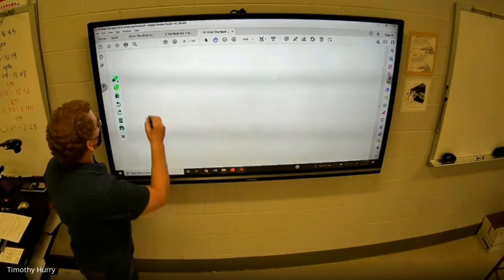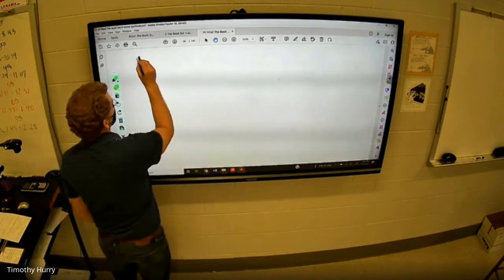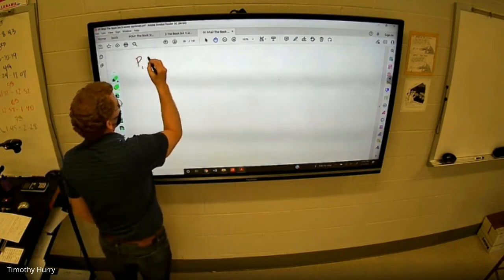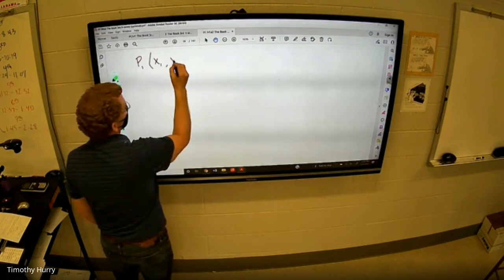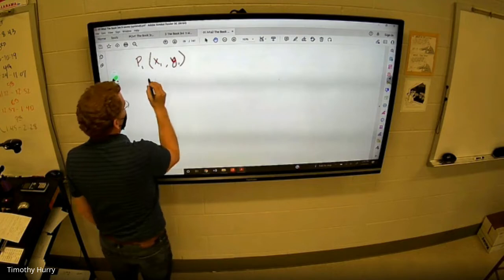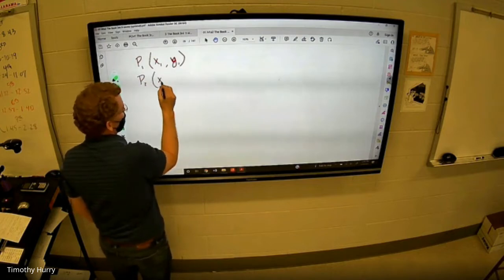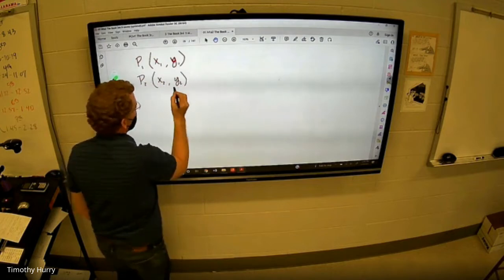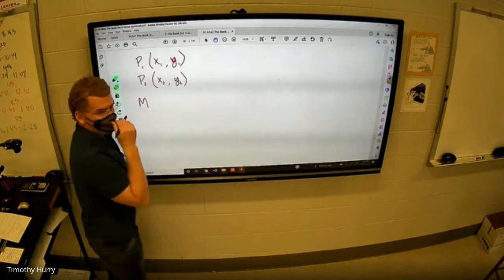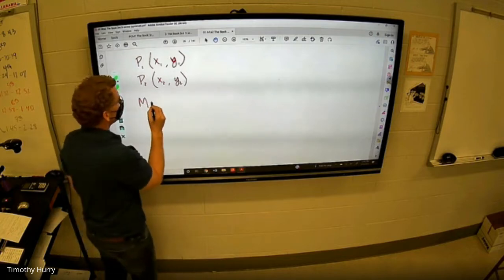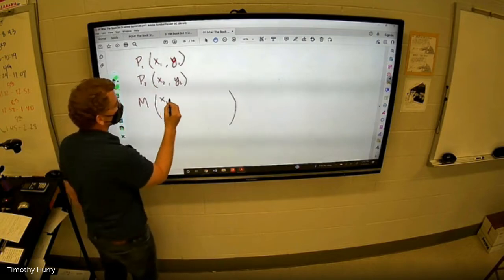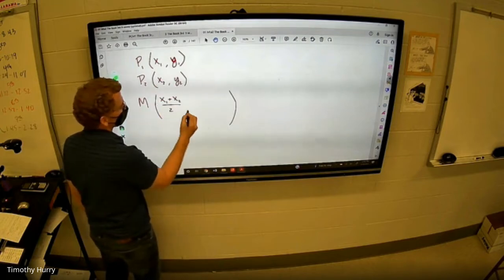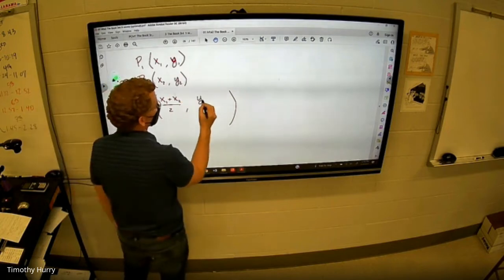Okay, so if I have 2 points, I'll call the first x1, y1, and point 2 x2, y2. Then the midpoint of point 1 and point 2 is the point where you average the x coordinates and you average the y coordinates.